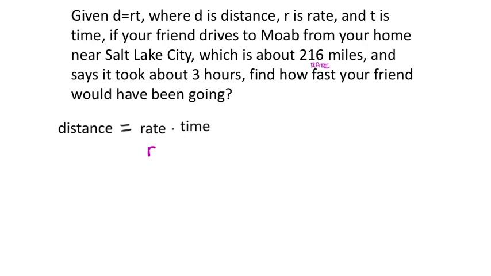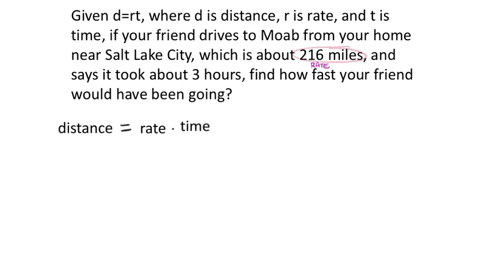Now, I put that in first. It's possible if I would have read the rest of that, how fast your friend would have been going. But if you don't understand that the R is the unknown in this case, look at the values that they did give us. For example, up here they say it's 216 miles.